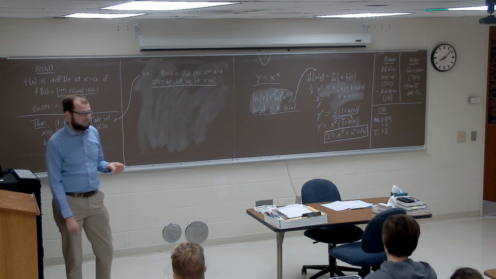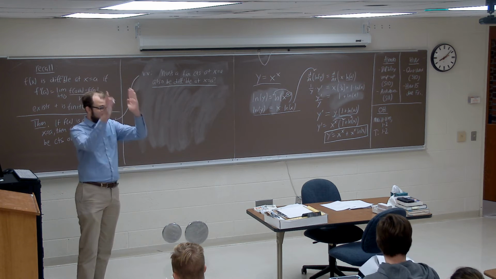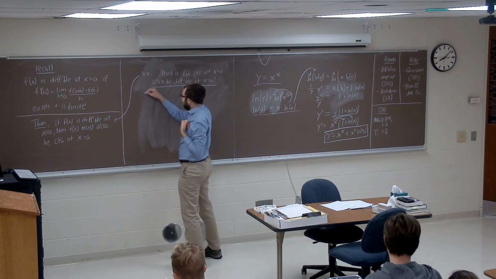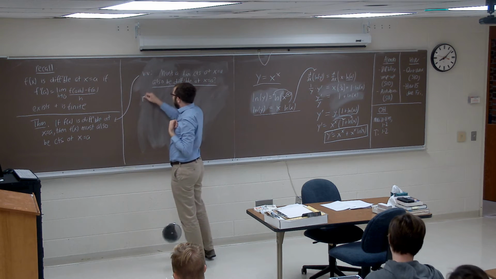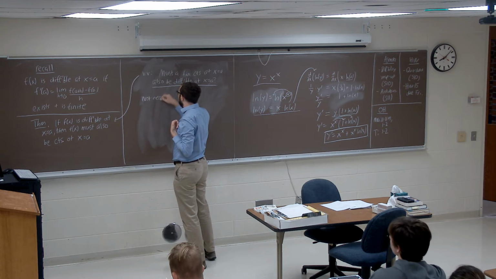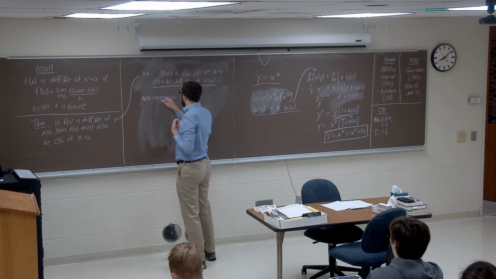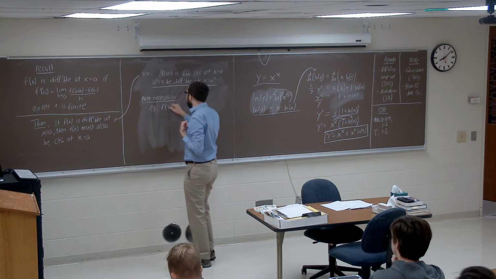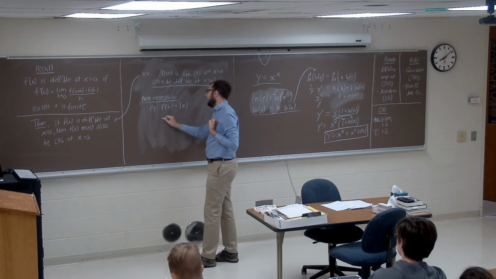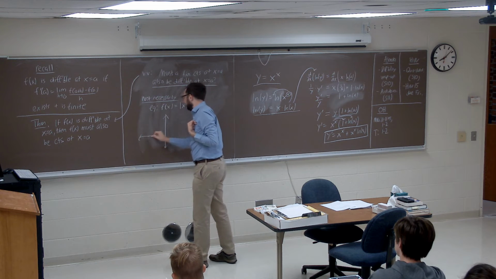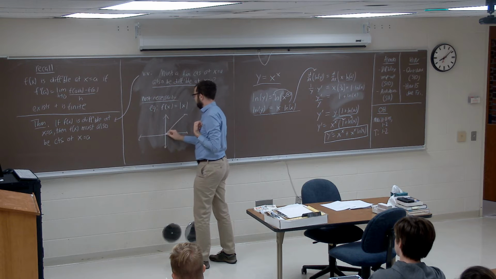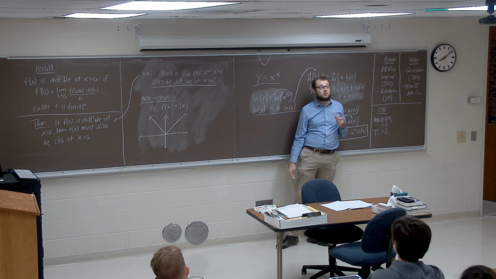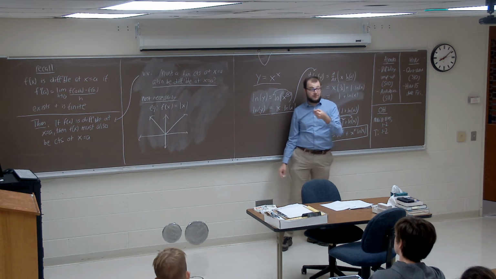Absolute value. Yeah, so we could say the answer would be not necessarily, because if we look at, for instance, f of x equals the absolute value of x, which gave us this sort of V shape, there's a point on this graph where f of x is continuous.